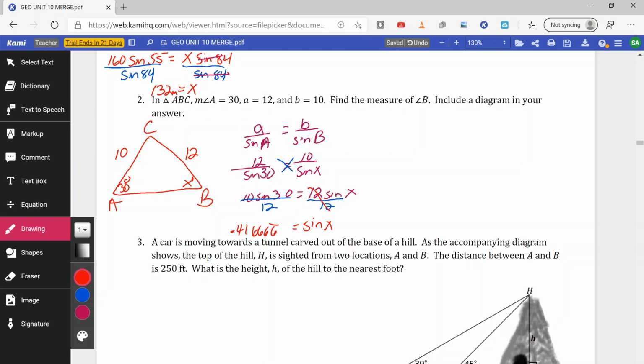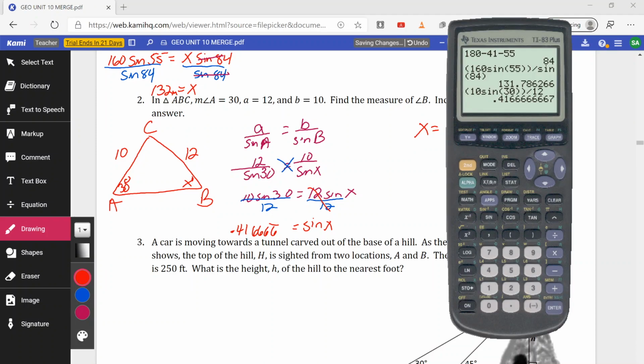Because we're dealing with the sine of x, we actually have to figure out what the angle is. So this is where the arc sine comes into play. Now we can plug in arc sine of 10 sine 30 divided by 12. I'll just do arc sine of the answer. So x is arc sine of our previous answer, 0.4166666 repeating.